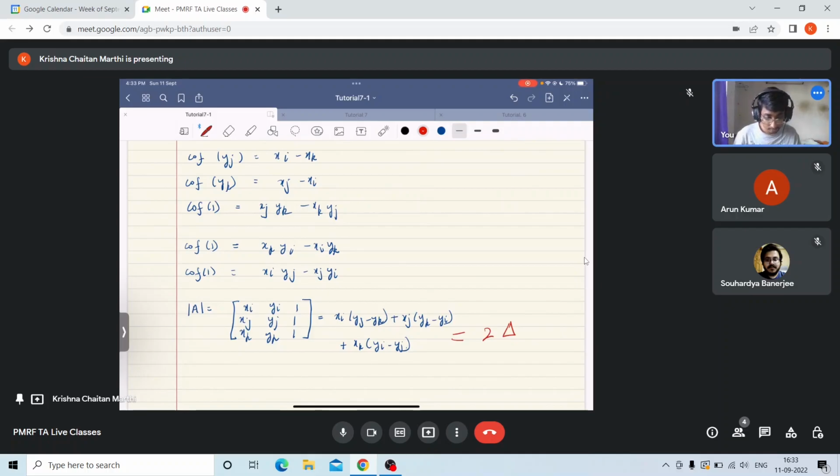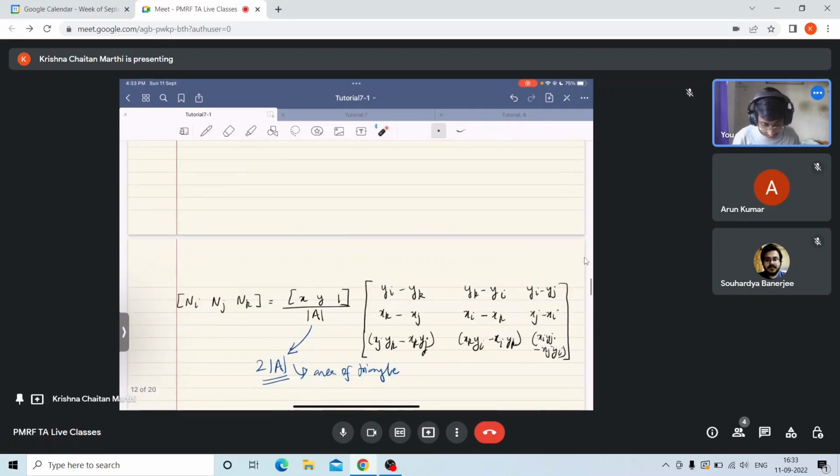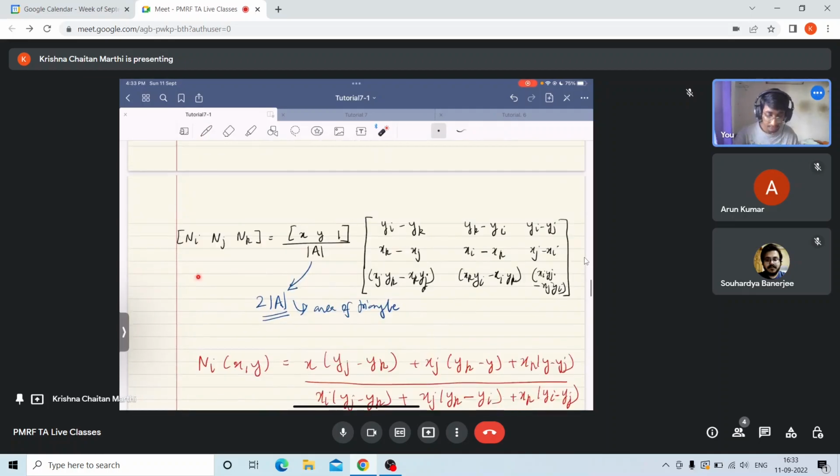So now my Ni Nj Nk is x y 1 times the matrix of cofactors divided by the determinant of A, which is 2 times the area of the triangle, 2 times delta.